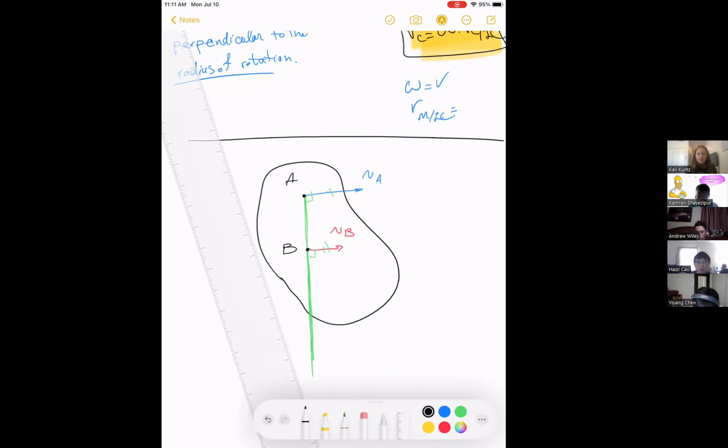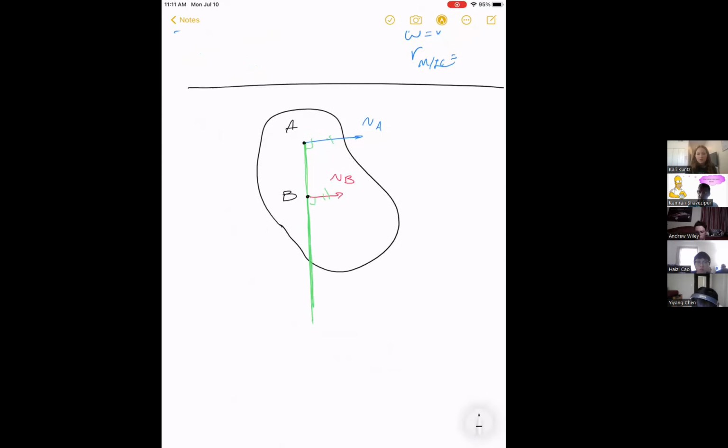Now, to understand how we can do this, we're going to use the relation between velocity and omega. If I say VA is RAIC times omega, and VB is RBIC times omega, I'm going to divide these two.